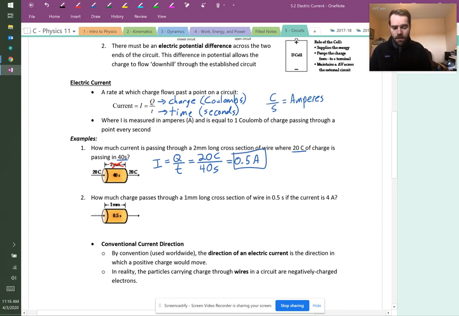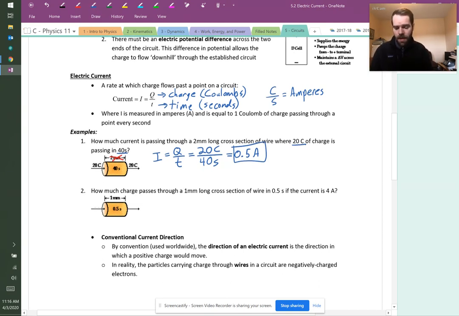Okay, and then our next example says, how much charge passes through a 1 millimeter cross section of wire in 0.5 seconds if the current is 4 amps? So again, how long that section is doesn't really matter, but we are going to try and figure out how much charge passes through if we know the current and how much time.